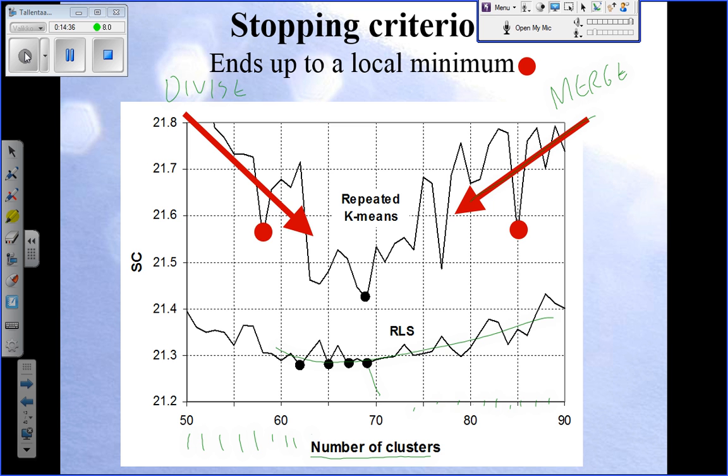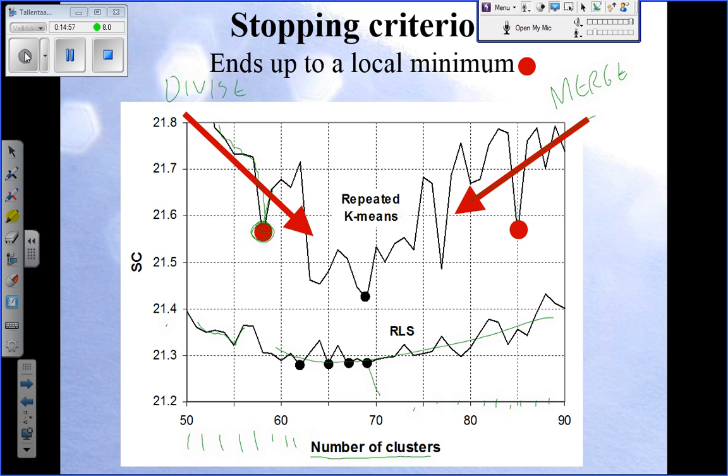The problem is that then we get stuck in a local minimum, because here we get a minimum, decreasing until here. Then at the next step, adding one more cluster, we actually get a worse result. And this really happens, at least in this case. It can also happen with random swap. So we can't optimize it so closely.